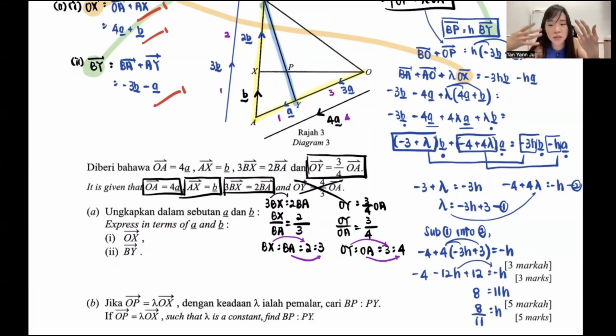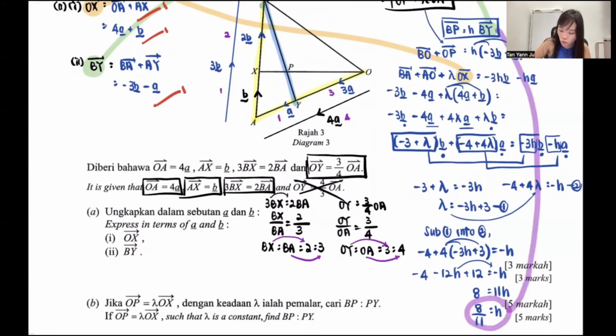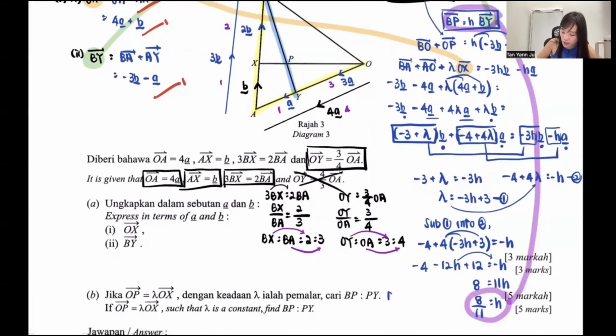So how do you know whether the sequence is correct or wrong? You must remember that whatever you're getting, it depends on what name you start with. So now you're starting with the name BP equals H BY. So after you get the H, please sub back to the name itself. So BP equals, my H is 8 over 11 BY. Isn't it?